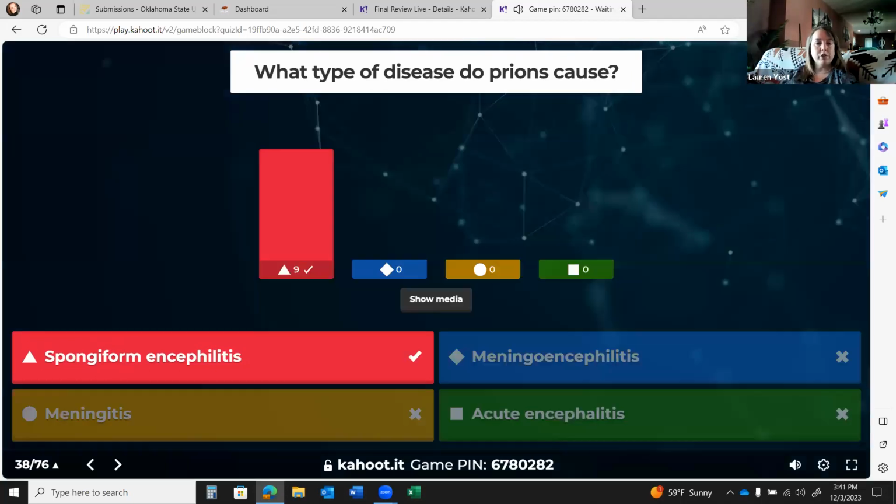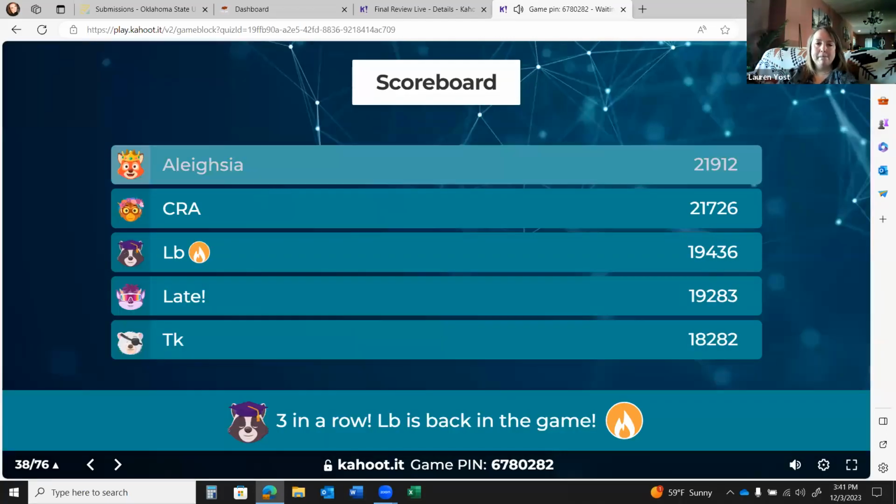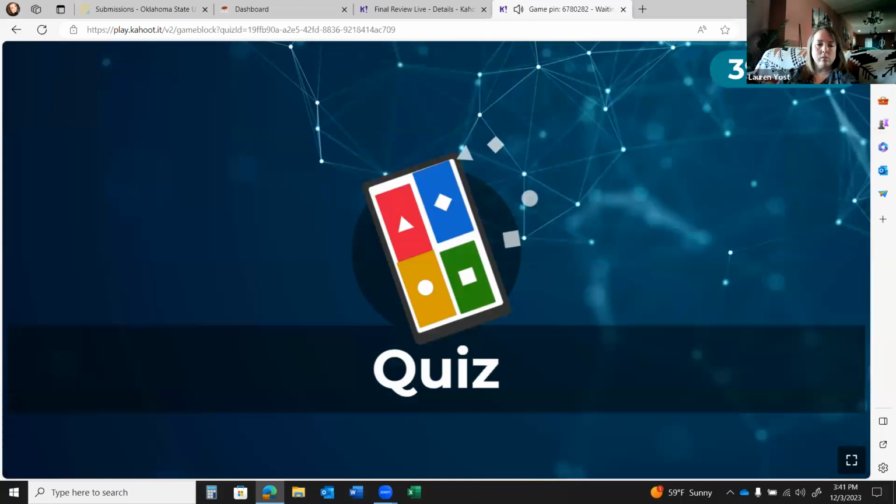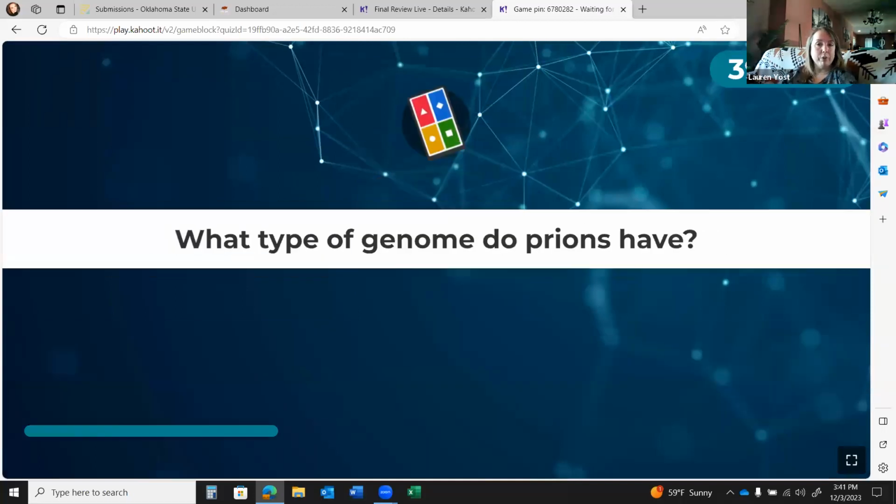All right, so it's a spongiform encephalitis. We consider it an acute encephalitis, and more specifically, we'd say spongiform encephalopathy because it's a little bit different from a true encephalitis, but yeah. All right, what type of genome do the prions have?